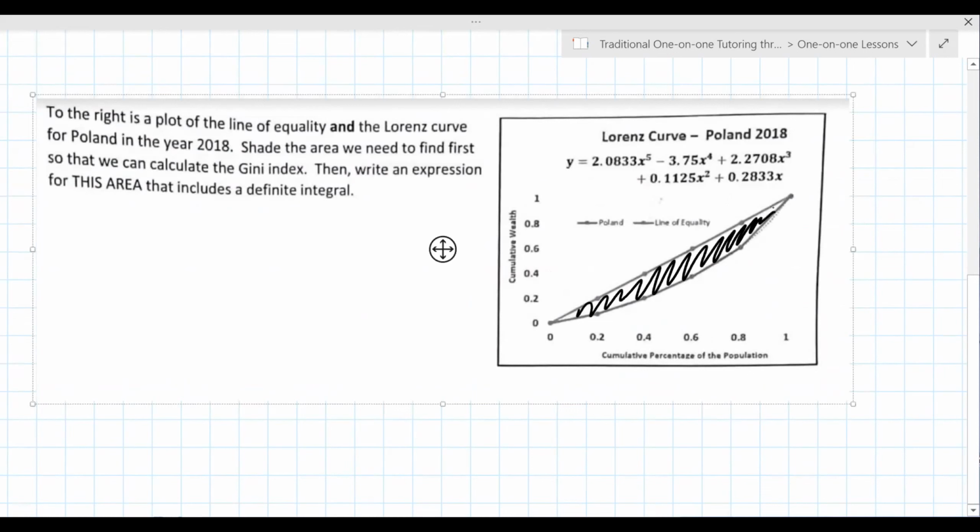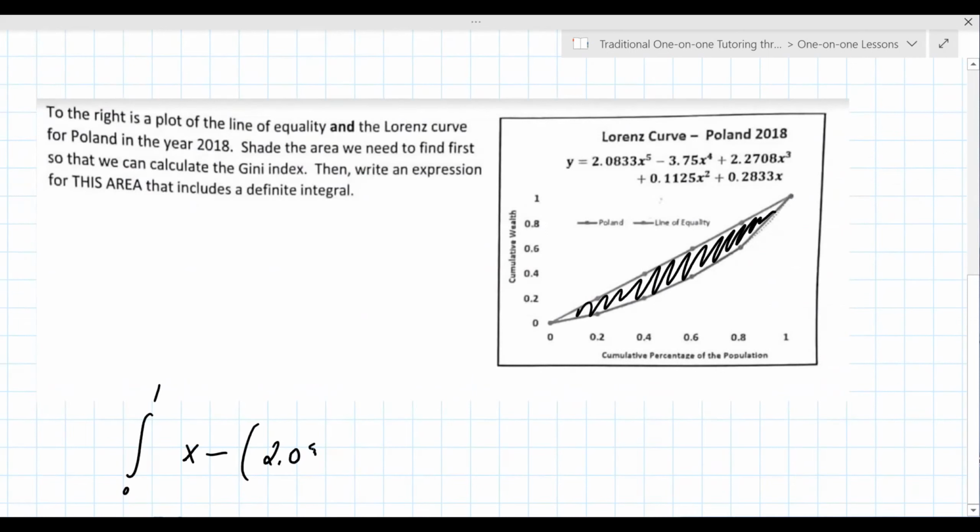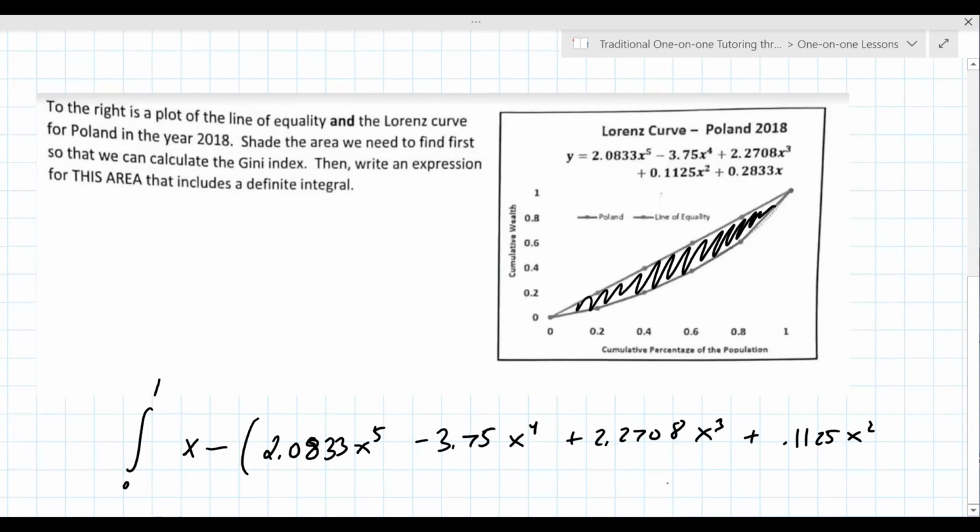So again, you're just filling it in. So it's the integral from 0 to 1, x minus, and then this awful expression again, 0.833x to the 5th minus 3.75x to the 4th plus 2.2708 x cubed plus 0.1125 x squared plus 0.2833 x dx.